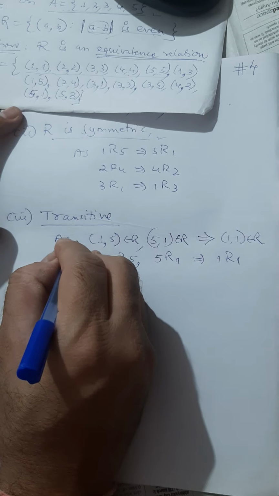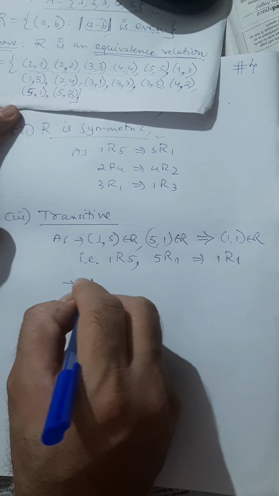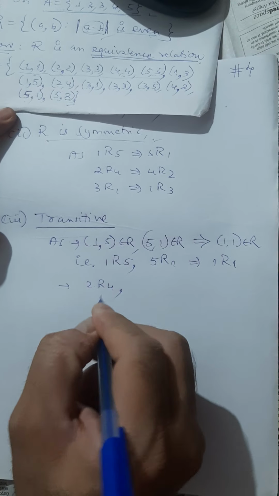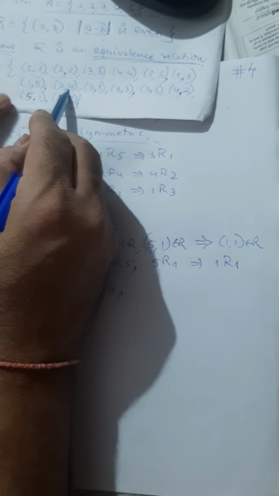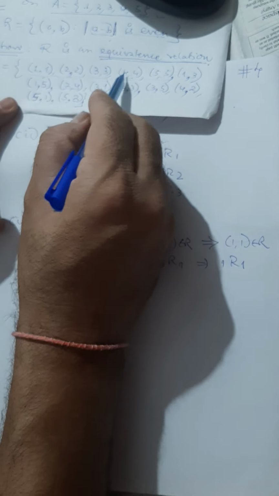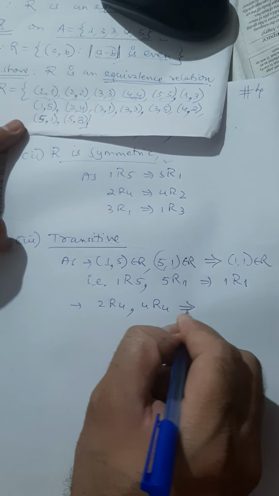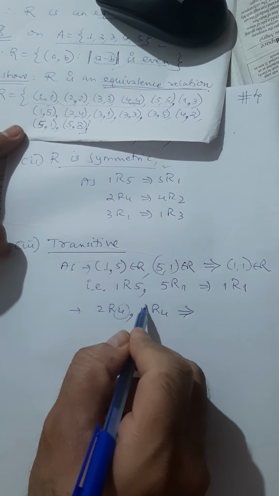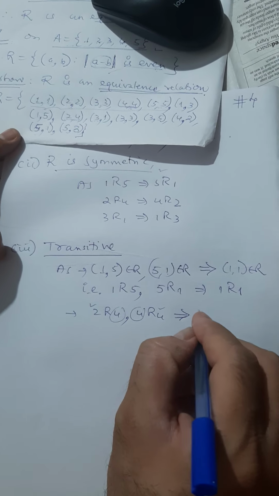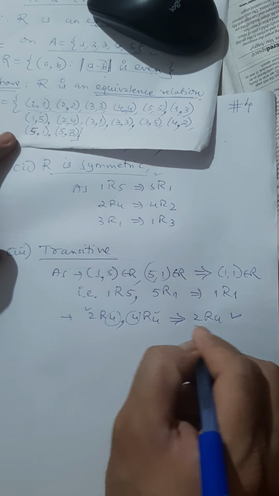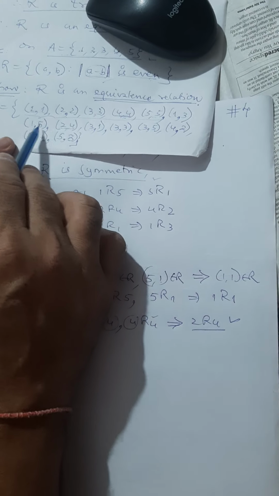If you want one more example, suppose 2 related to 4. Now you get one ordered pair having 4 at the first place. Suppose I have taken 4 related to 4. Now drop this common one, take this 2. Can you say that 2 related to 4? Yes, this is the first ordered pair itself.